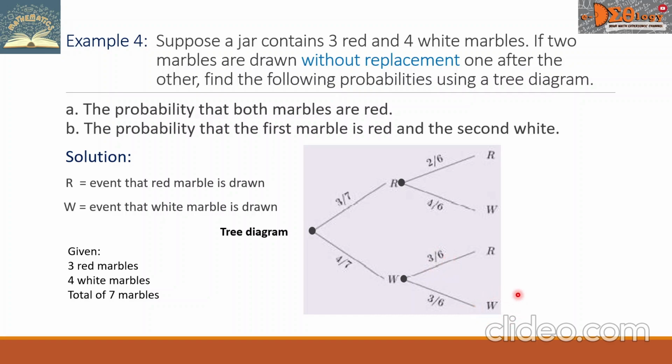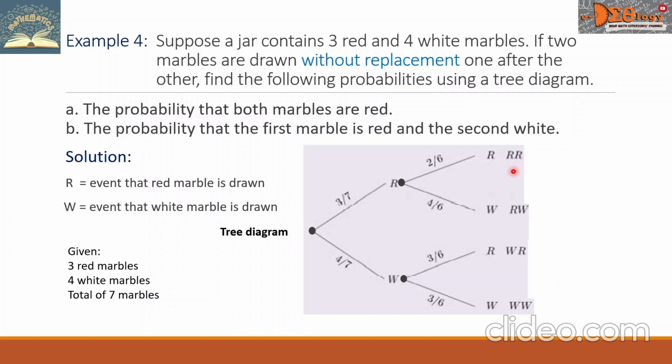For the white marble, there will be 3 remaining white marbles in the jar, all over the total remaining marbles, so 3 over 6. Now we write the combinations. So this is RR, RW, WR, WW.